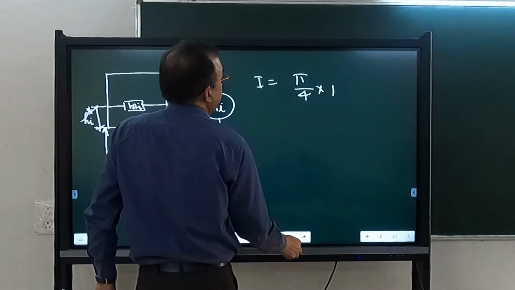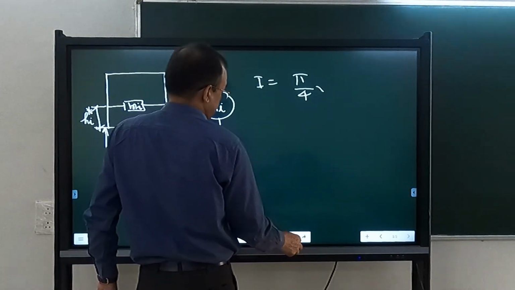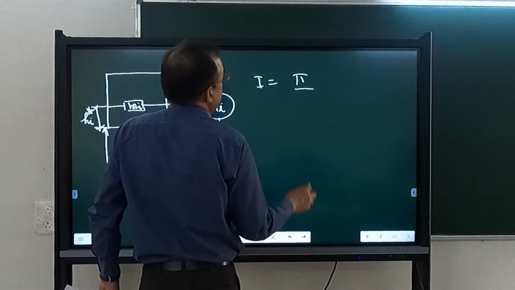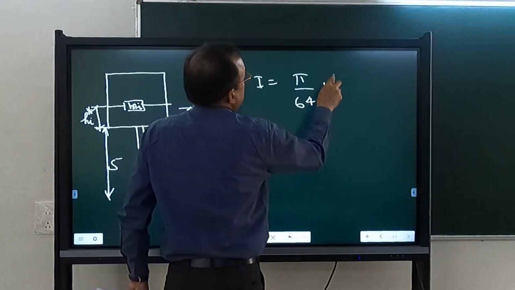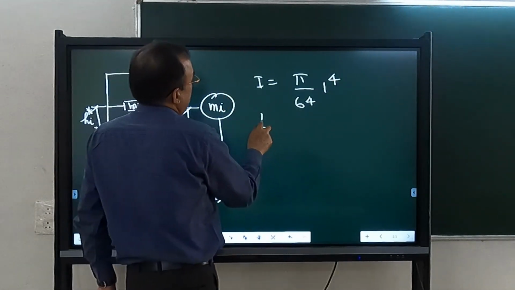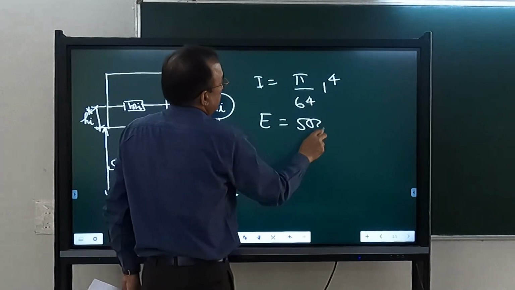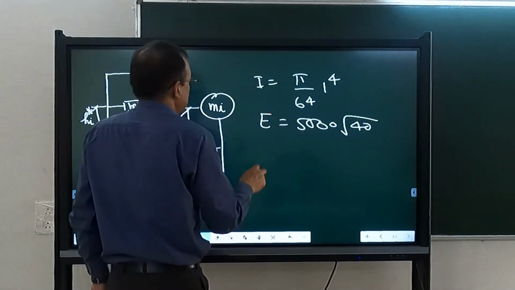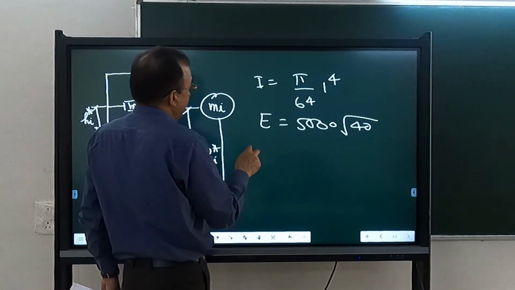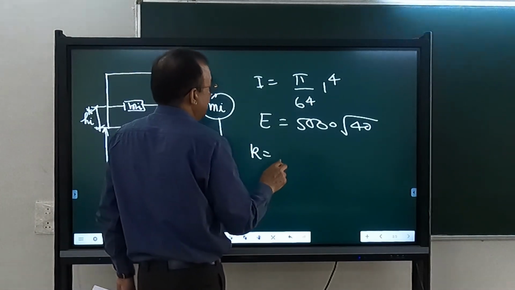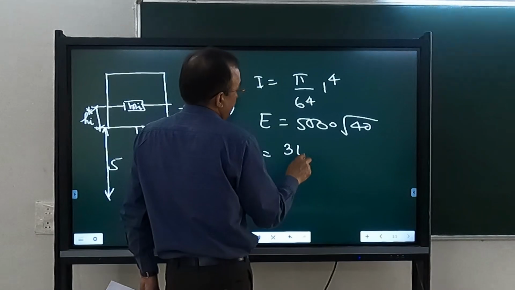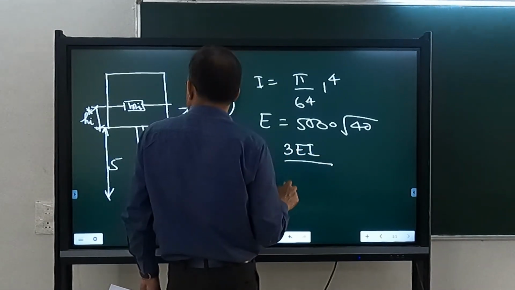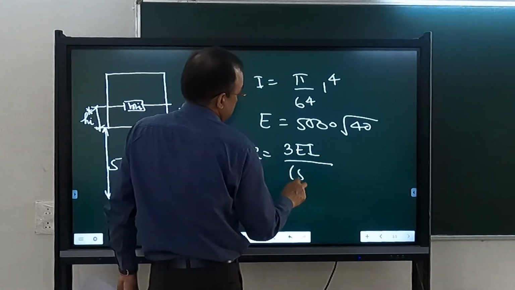You can calculate I, that is pi by 64 into D to the power 4. Then you can calculate EI, and then you can calculate K, that is equal to 3 EI by L cubed.